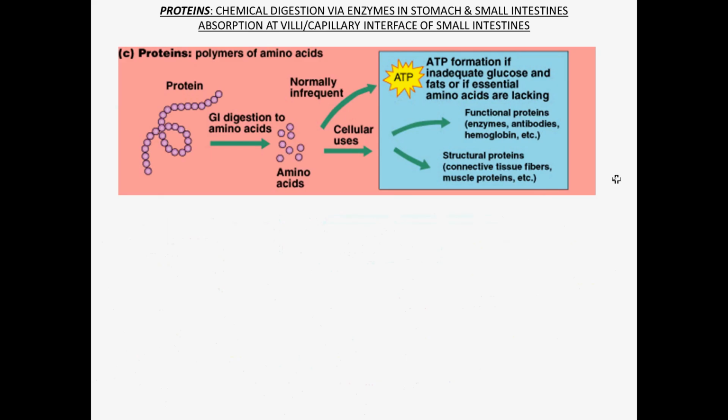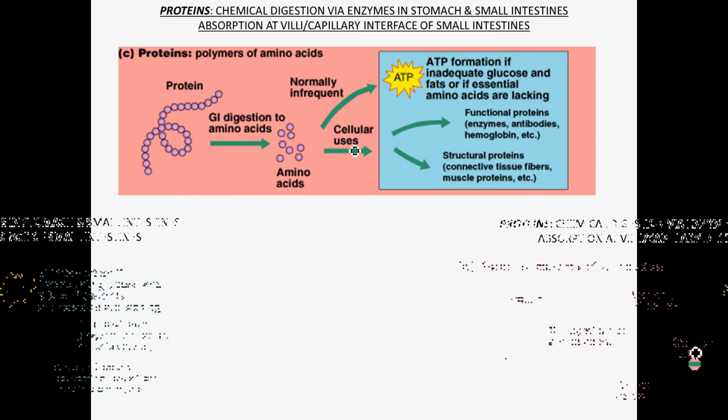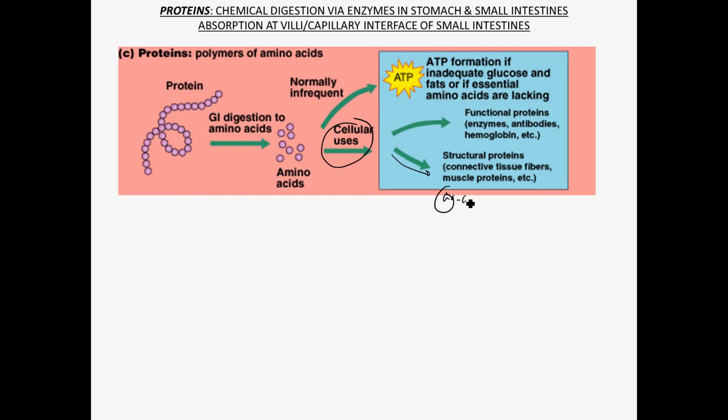And finally here, who cares about proteins or amino acids? Well, the cellular uses here, let's start at the bottom and work our way up. Structural proteins, connective tissue: your cells will use the amino acids that you take in to rebuild their own polypeptides that are needed for connective tissue and muscle, for example.